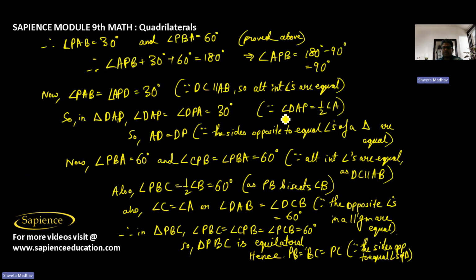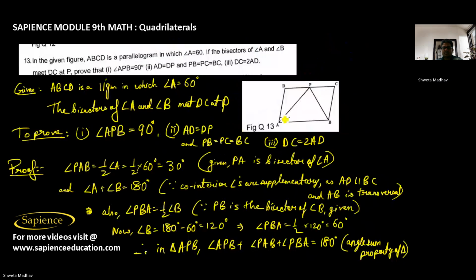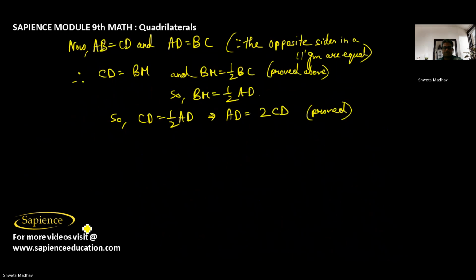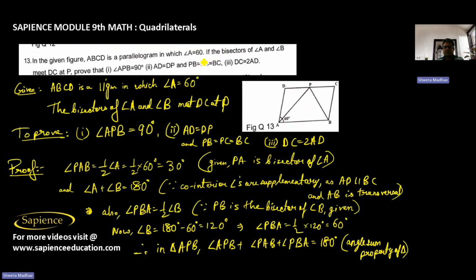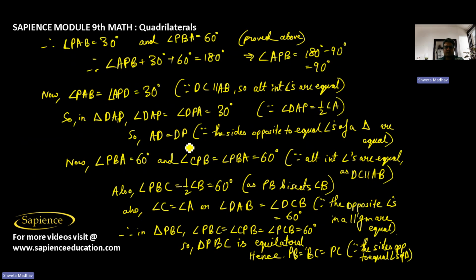So similarly, in triangle DPA, DA equals DP, which has been proved above.